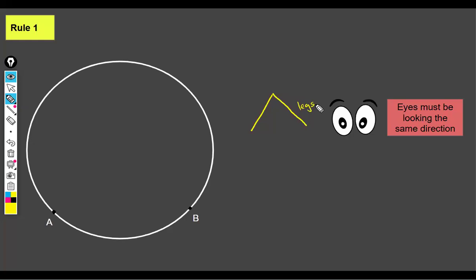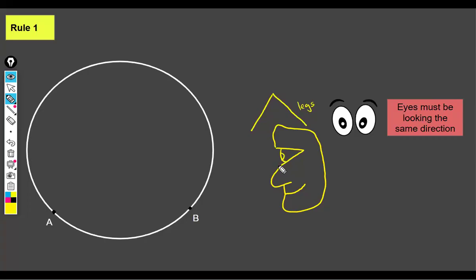I'm going to call them legs. Also, remember how you would draw an eye in primary school or in biology class. I know this doesn't look like an eye, but if I put in a nose and a mouth and a head, you all see the eye now?